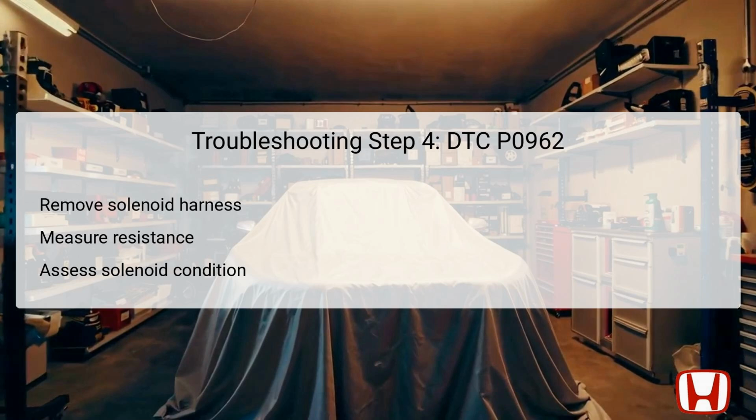The correct resistance should fall within the range of 4.9 to 6.6 ohms. If the resistance is within this range, it indicates that the solenoid valve itself is functioning correctly, warranting further inspection of the wiring. However, if the resistance is out of specification, the valve is likely faulty and will necessitate replacement alongside the valve body for resolution of the issue.